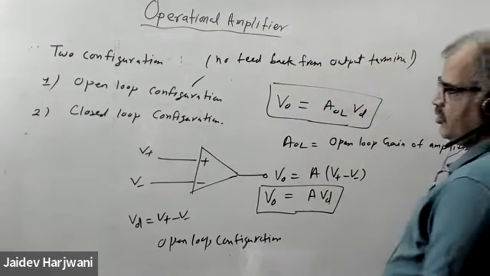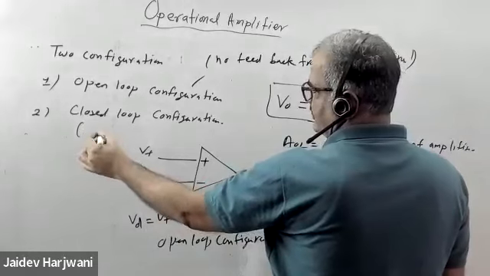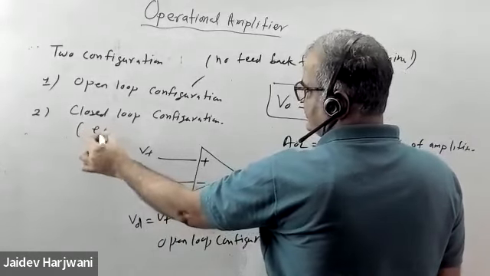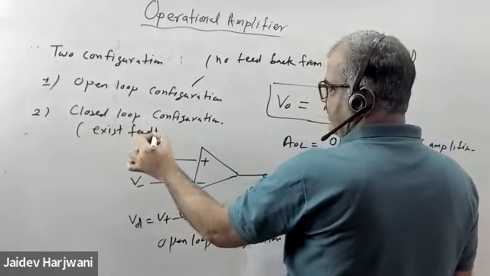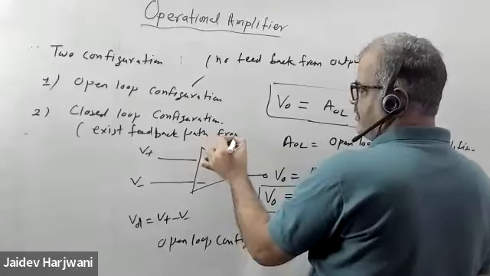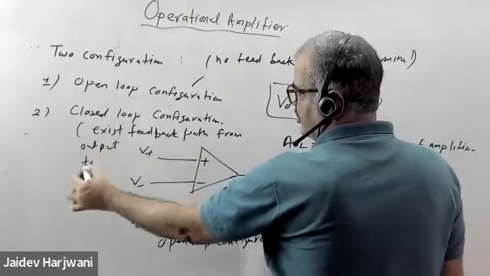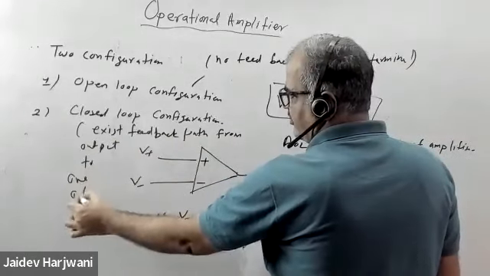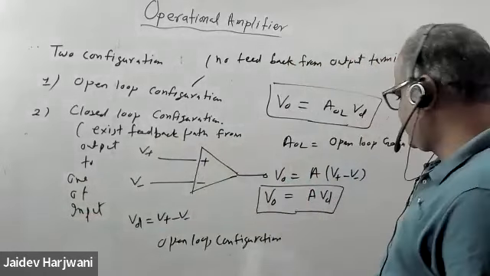Closed loop configuration means there exists a feedback path from output to one of the inputs.